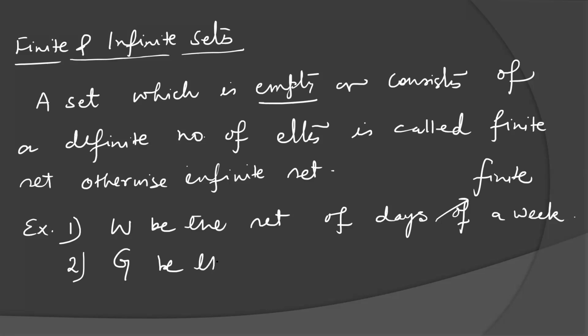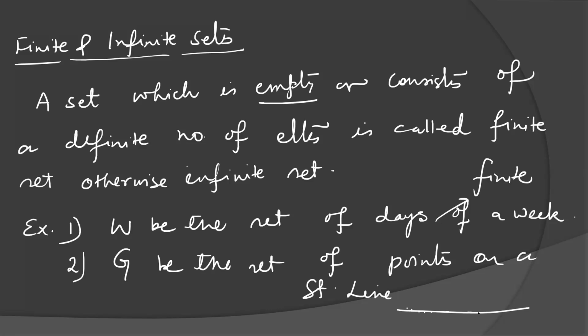Let G be the set of points on a straight line. So points on a straight line are not countable because there are infinitely many points. So this set is an infinite set.